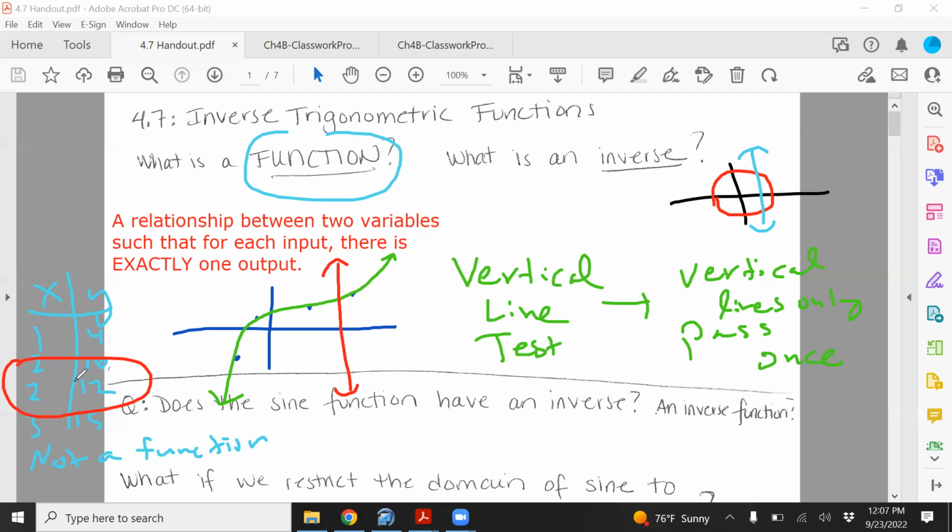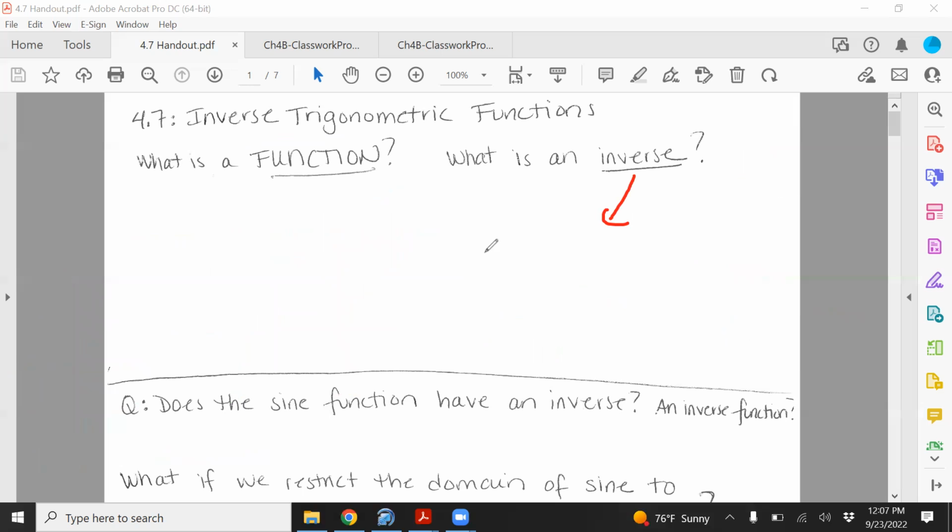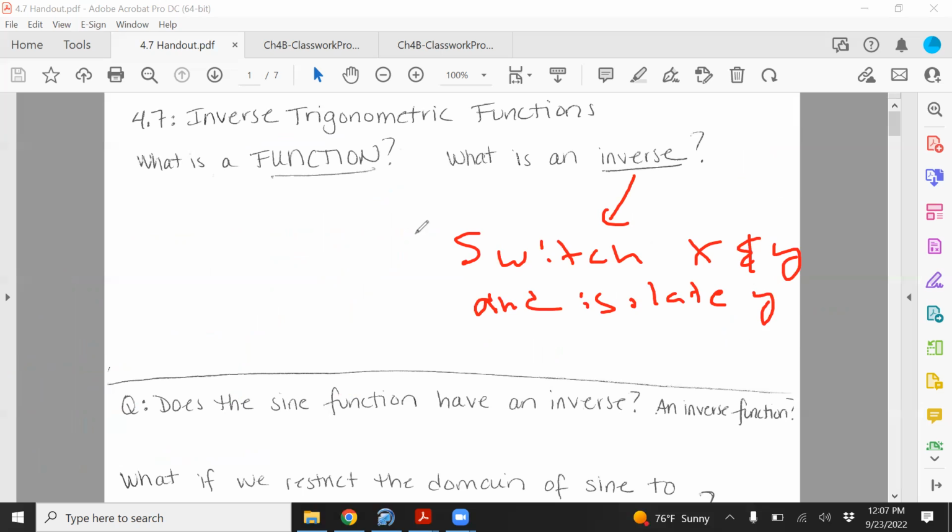All right, so anyway, that's a function. Now inverses. You should probably remember this. Do you remember what an inverse is? You switch x and y, and isolate y. Let me give you a good example.